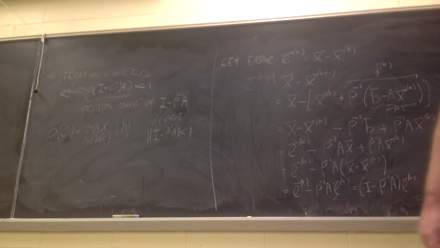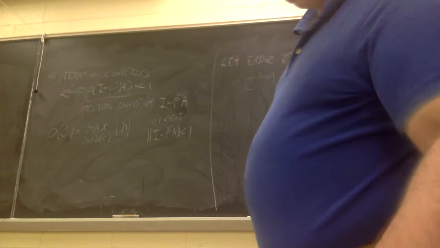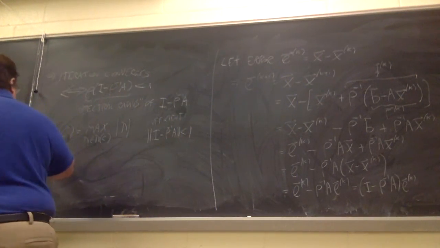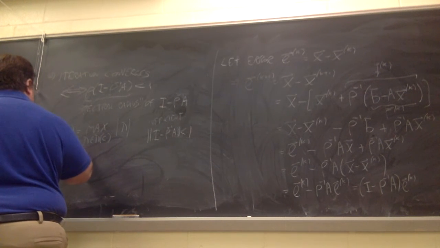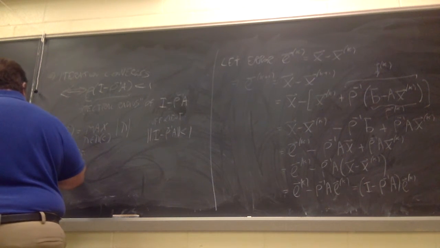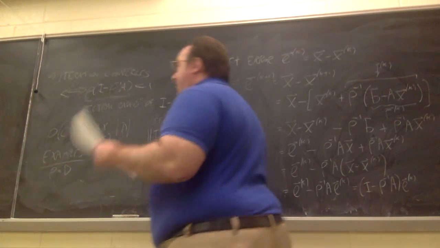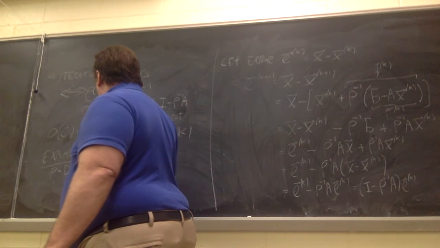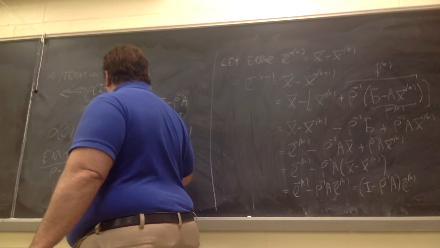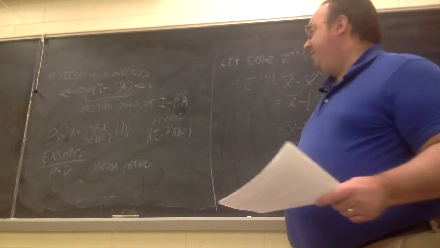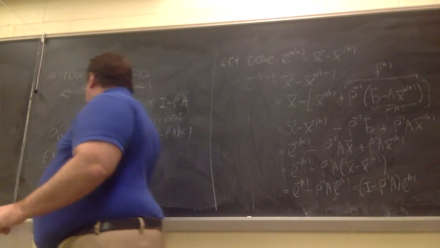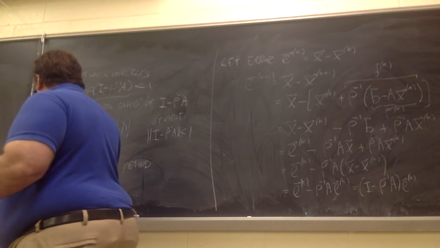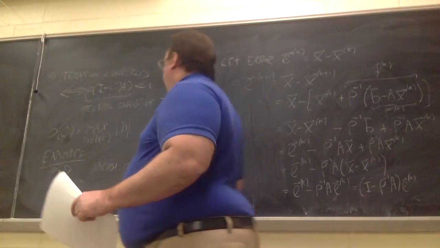A few specific examples of choices of P. I can choose P equal to D, the diagonal part of the matrix. That is called the Jacobi method. Is this P like from P inverse or is this P like rho?